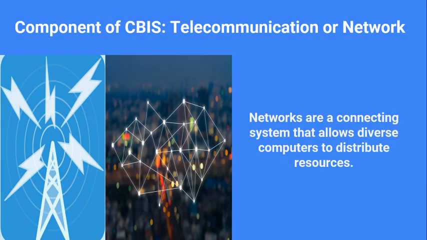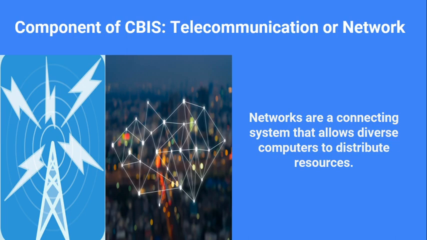Third component, that is the telecommunication or the network, which are the connecting system that will allow the diverse computers, meaning computers which are located at different places, to share or distribute the resources. Resources means the information.